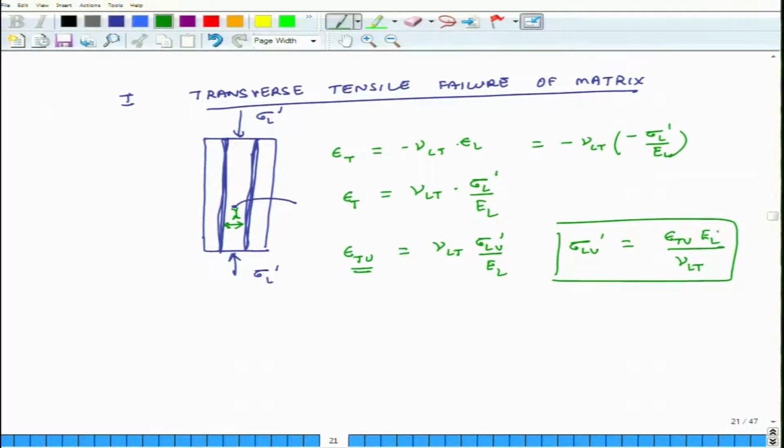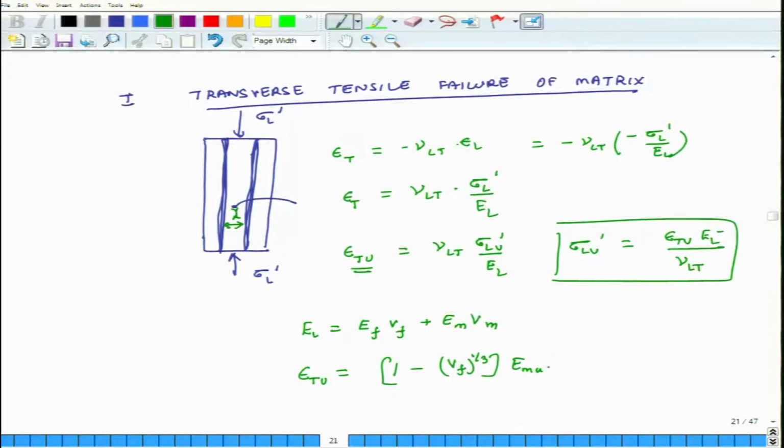Now, I know what EL is. So, what is EL? EL is EF VF plus EM VM. We have computed this, right. So, we know how to calculate EL, and then epsilon Tu. We have developed a relation for this earlier. It is 1 minus Vf to the power of 1 by 3 times epsilon mu.